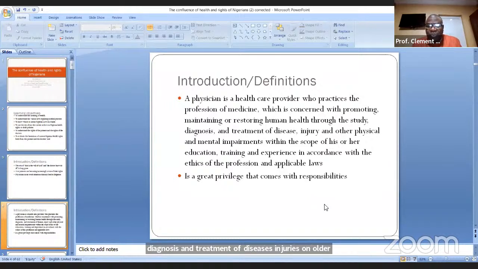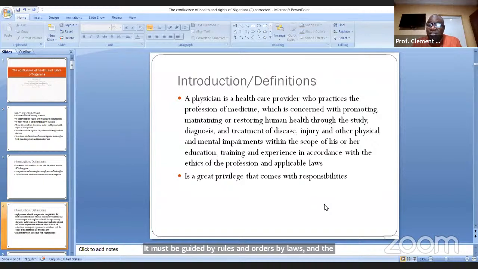This is within the scope of his or her education, which means you must have the requisite knowledge to do what you plan to do as a doctor, then adequate training, and also experience in that field of study. However, all this must be in accordance with the ethics of the profession and applicable laws. The meaning is that a physician cannot just practice arbitrarily. It must be guided by rules, by laws and the ethics of the profession.